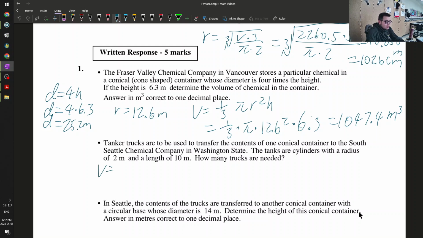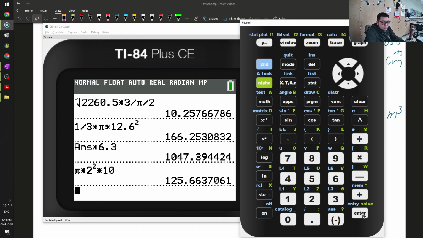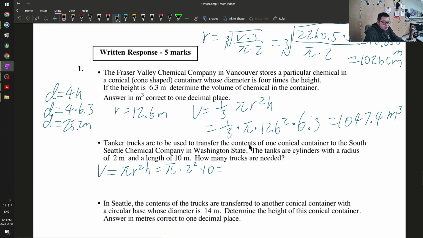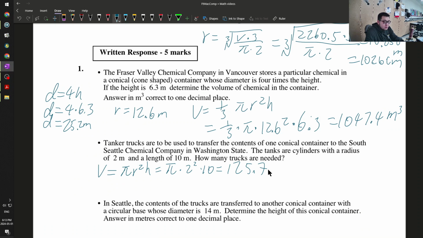So volume is equal to pi r squared h, which is pi times the radius 2 squared times 10, which is equal to 125.7. Now we'll do a quick division. 1047.4 divided by 125.7.